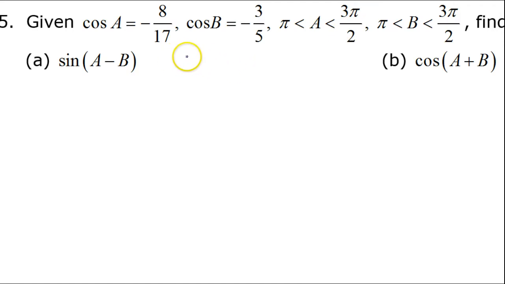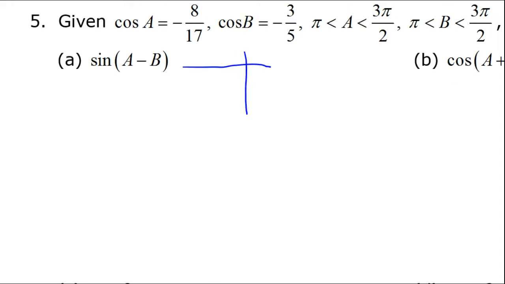So we need to draw a little diagram of the third quadrant like this. Alright, so here's our angle in the third quadrant, and I will make a vertical line to the x-axis, making a right triangle. Now, cosine of angle A is negative 8 over 17.